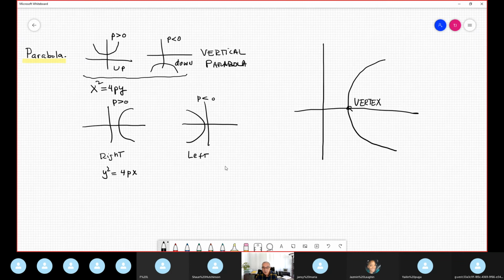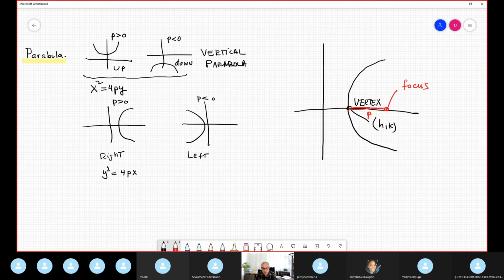And the vertex normally is (h, k). Okay, we have another point, a super important point, the focus. And the distance between the vertex and the focus, that distance is p. So p is the focal distance.